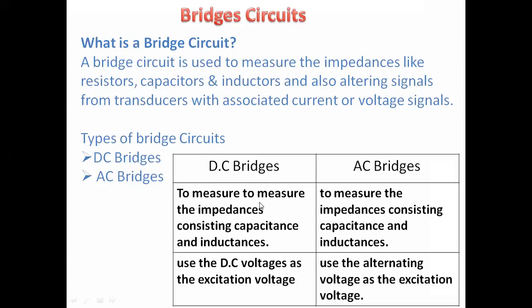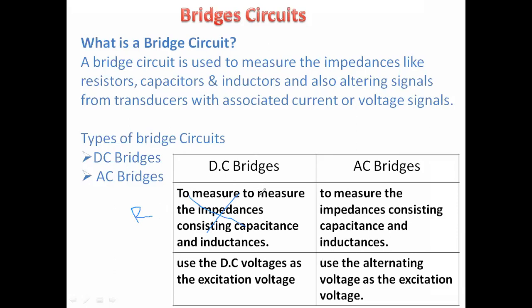DC bridges are used for measuring resistance, whether it is high resistance or low resistance. Whereas AC bridges are used to measure the impedances of capacitances and inductances.